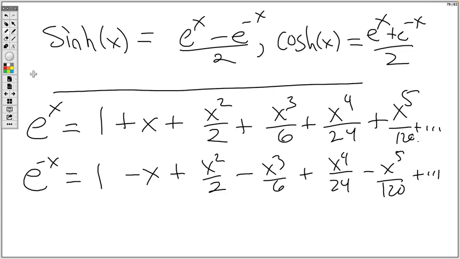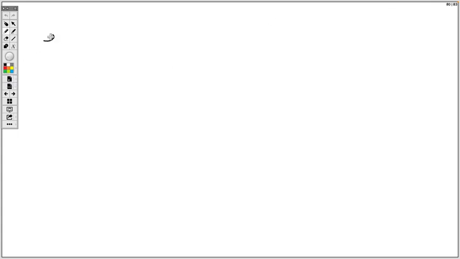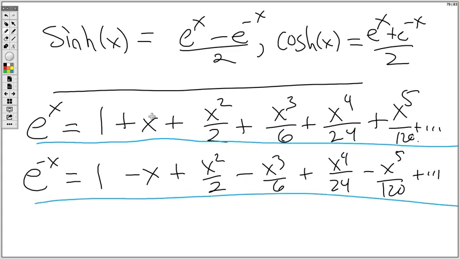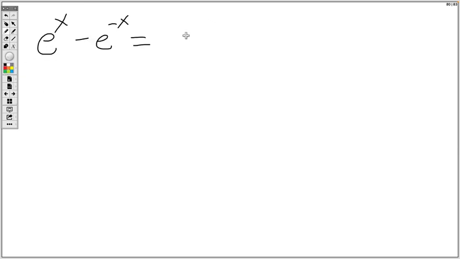So let's figure this out. What would be e to the x minus e to the minus x if I did things term by term? So I'd be taking the top line minus the bottom line. Let's see what would happen. I would get 1 minus 1, which is 0. I'd get x minus negative x, which is how many x? 2x.